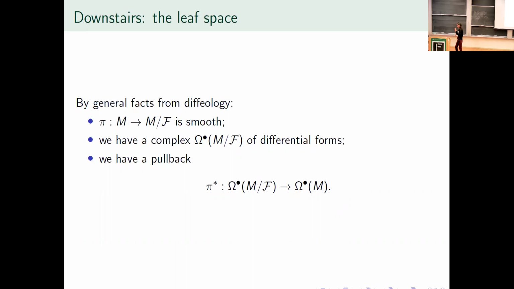So that side of things works very well. There's nothing special about it being a quotient for these complexes to exist. It's just the diffeological structure. And finally, the smooth quotient map gives a pullback of complexes of differential forms. So we have the forms on the leaf space, and they pull back to, right now it's just forms on the manifold. So this is the complex we'll look at downstairs, this Omega(M/F).